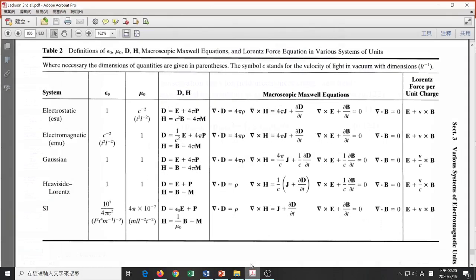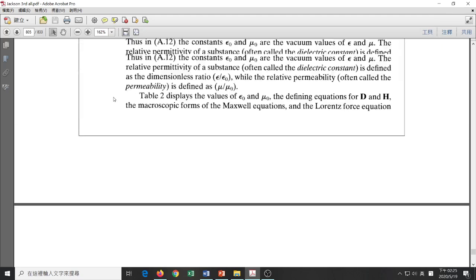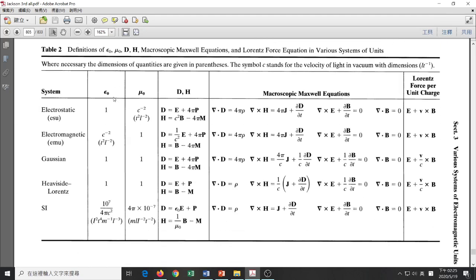Okay, so let me show you something. This is Jackson's textbook. I just mentioned that in the old days, Jackson preferred Gaussian units.